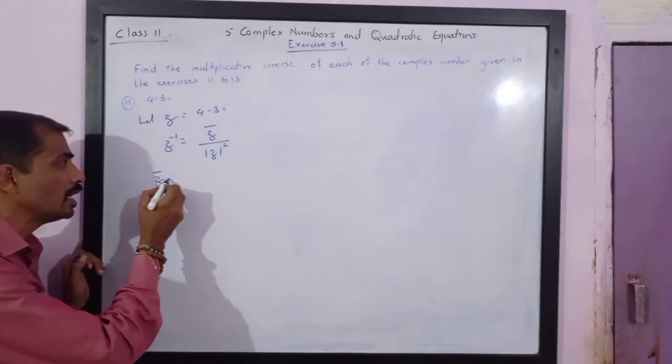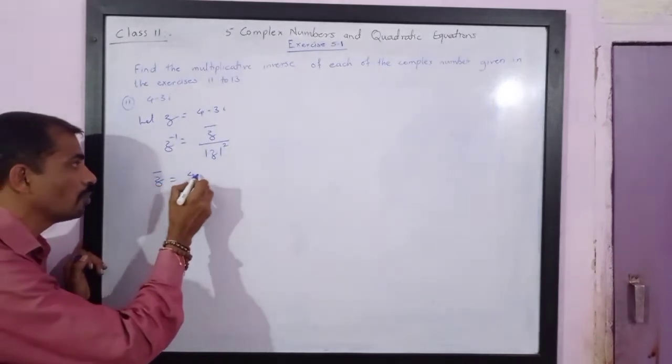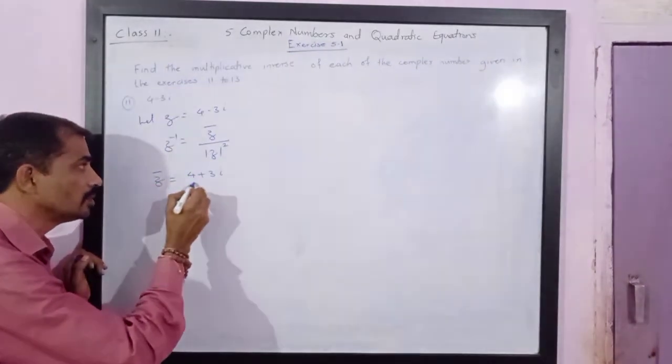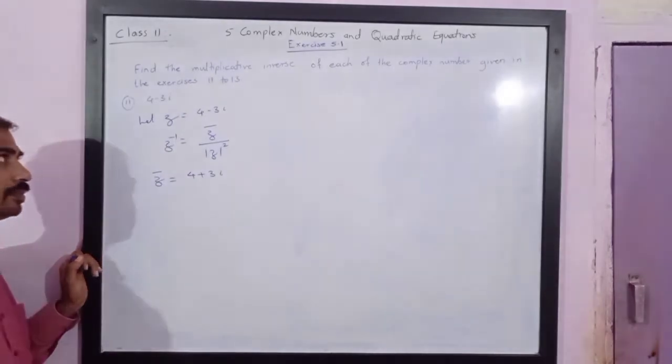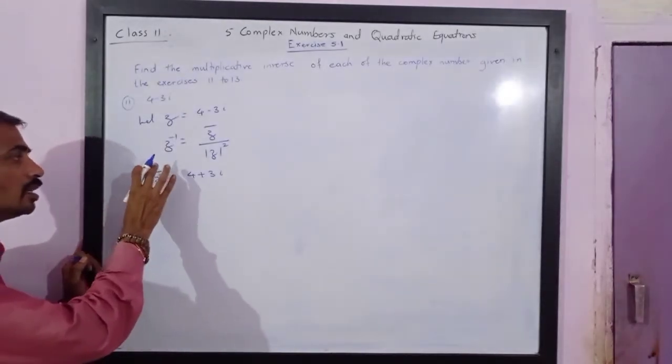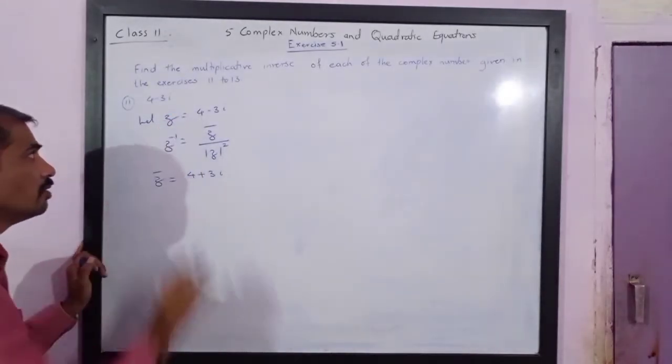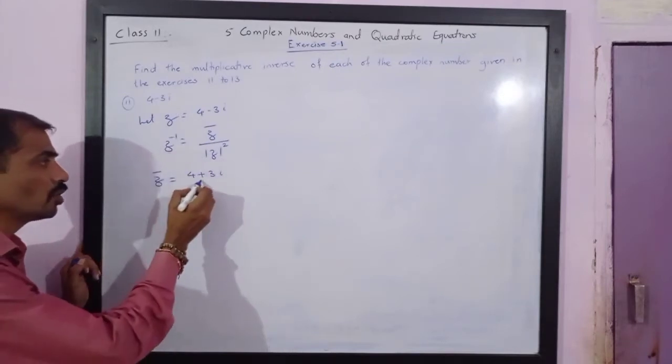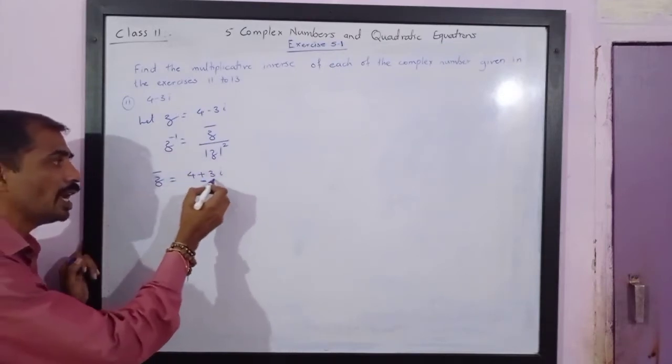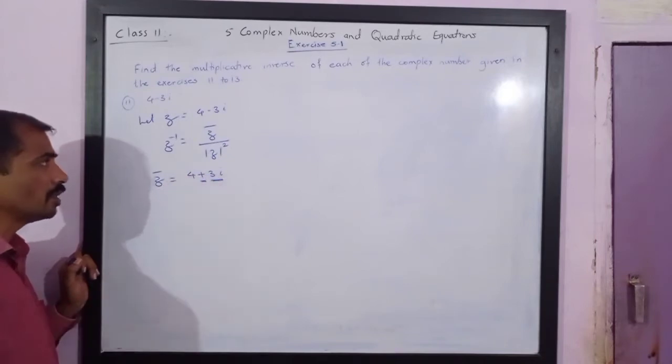So z bar is equal to 4 plus 3i. This is z bar, that is the conjugate of the given number. Please note we change only the sign of the imaginary part of the complex number.